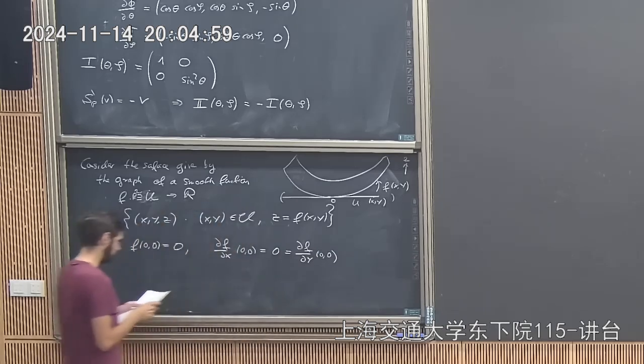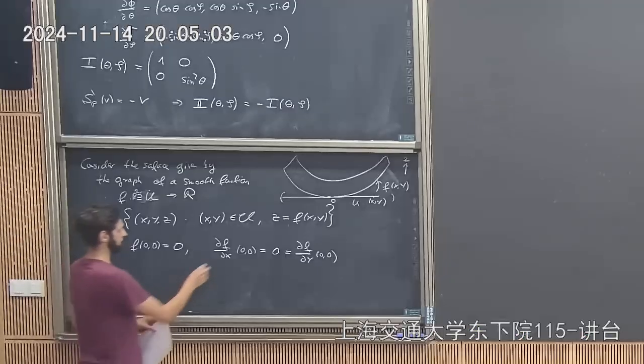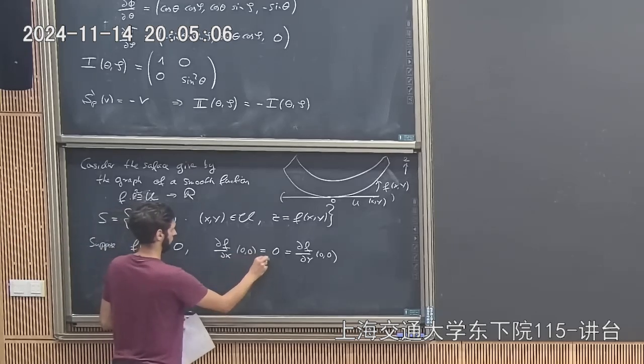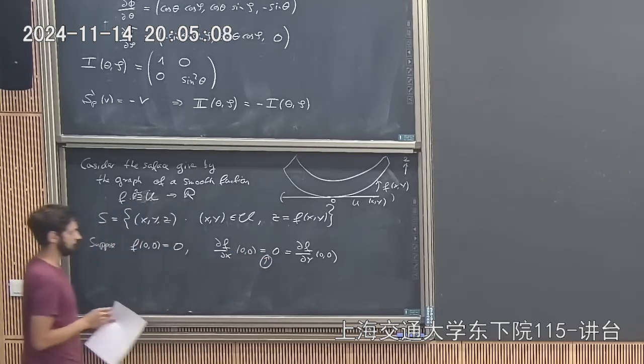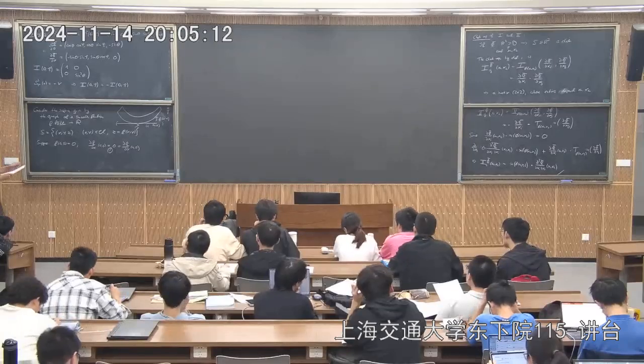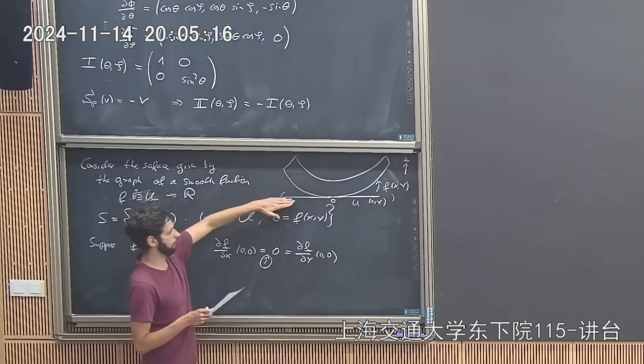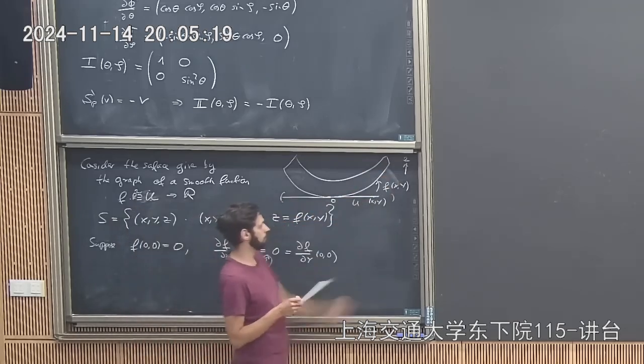And the first observation is that this requirement is equivalent to saying that the tangent space at 0 is this plane, which is given by z equals 0.